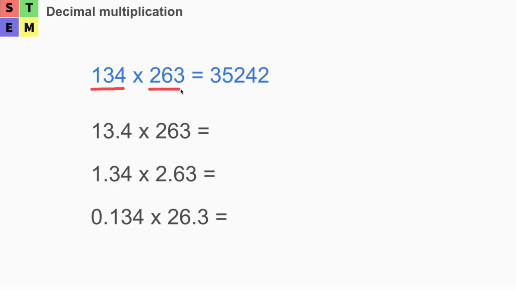Okay, so in this example, we already have 134 times 263 equals 35,242. Okay, so now what we are going to do is calculate quickly 13.4 times 263.